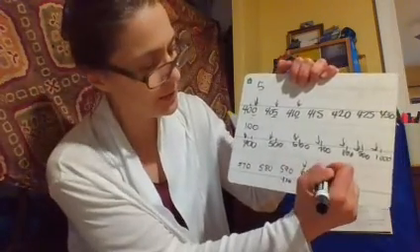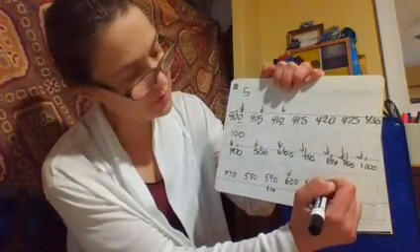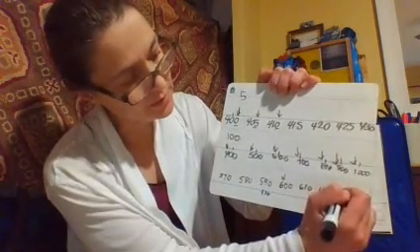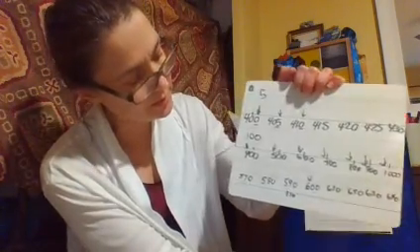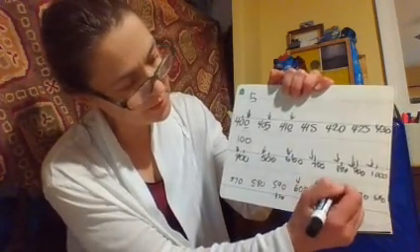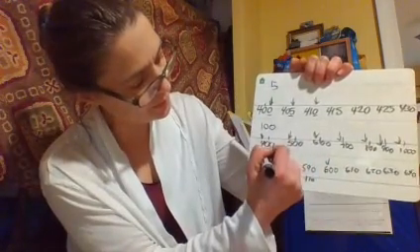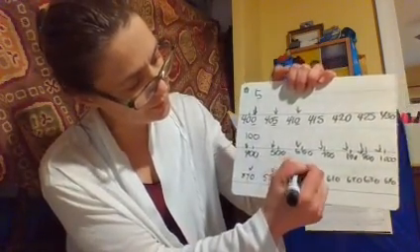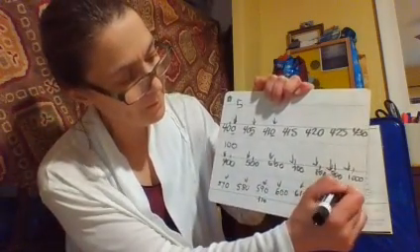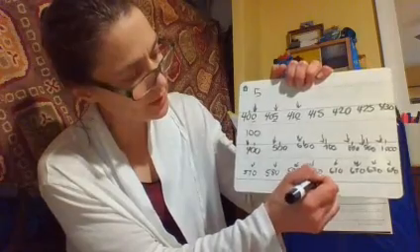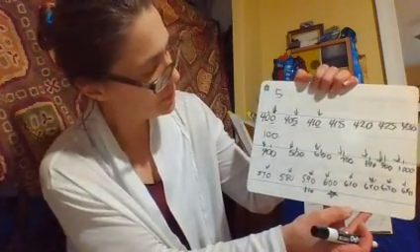Okay, and then after 600 is 610, and then 620, 630, and then it stops at 640. You're going up by 10, so the second place value, the tens place value, is the one that's changing. And this right here is the hardest part for second graders to understand.